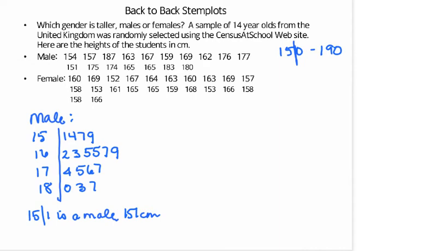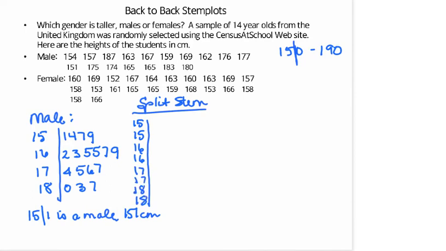Now that's nice, but it's a pretty vague description of the distribution. So one of the other things we can do is a split stem. If we do a split stem, we basically have two stems. Like 15 will be twice, so let me show you what I mean. A split stem would look like this. 15 will have two stems, 16 will have two stems, 17 two stems, and 18 two stems.